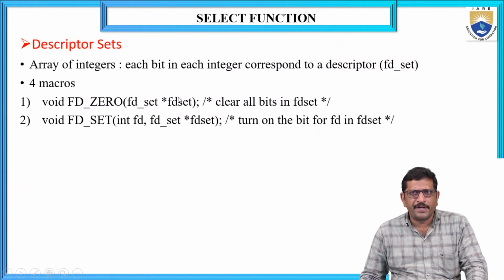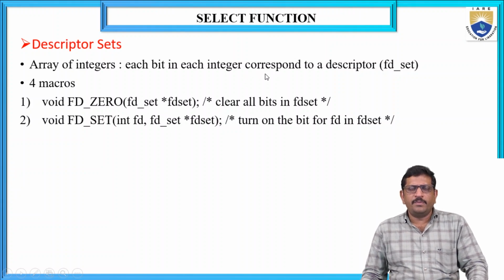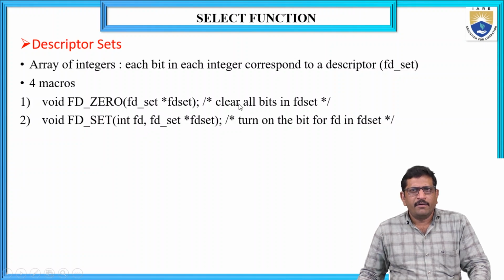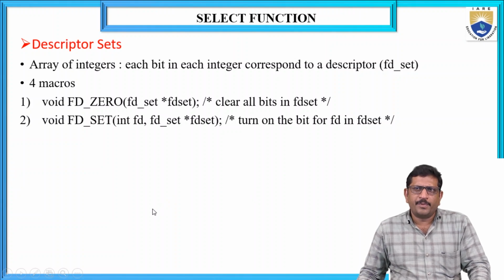And void FD_SET, that means int fd, fd_set pointer, which turns on the bit for a file descriptor in an fd_set.